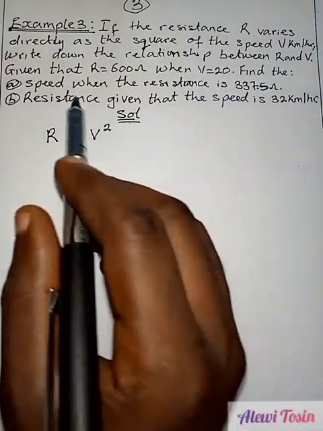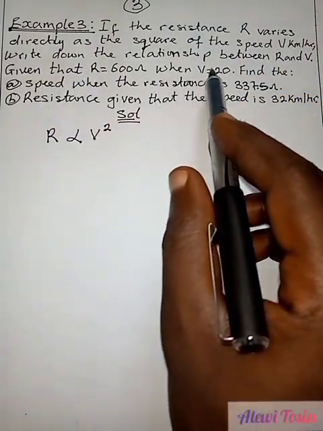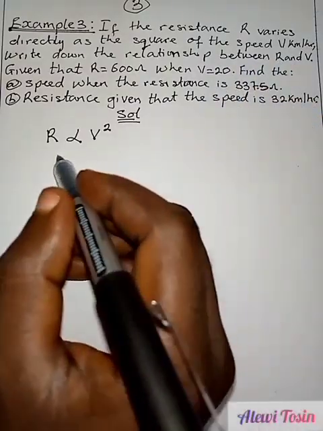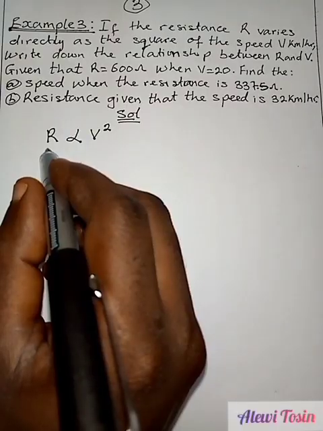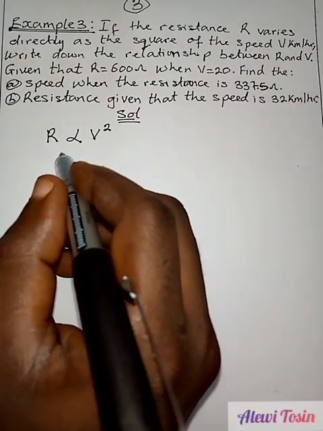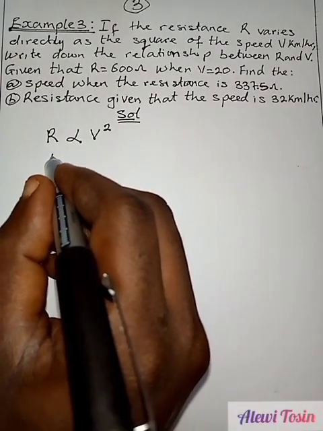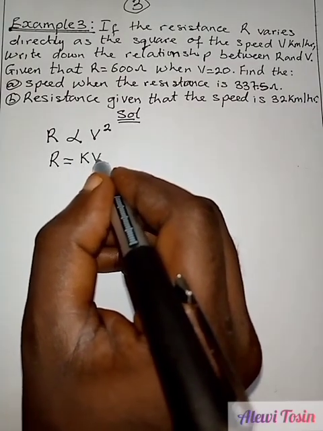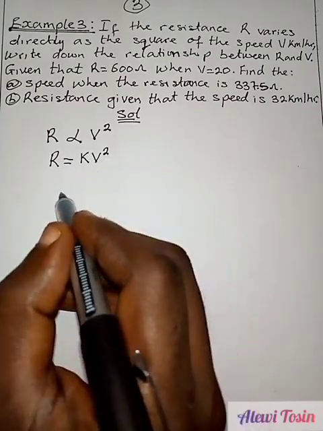We are told to write down the relationship between R and V. To write that relationship, R directly proportional to V square means that R is equal to K V square.